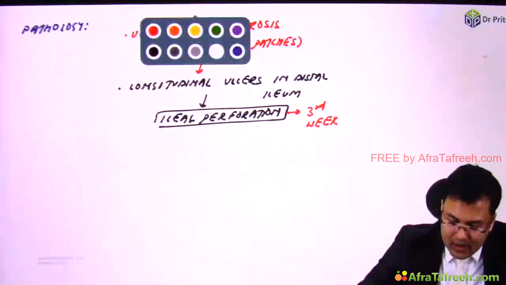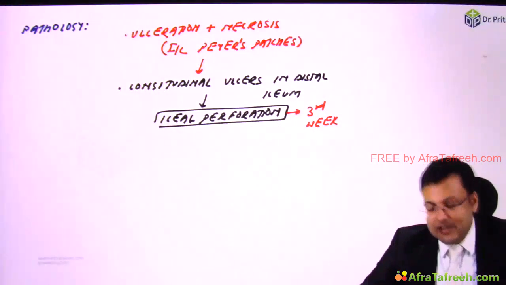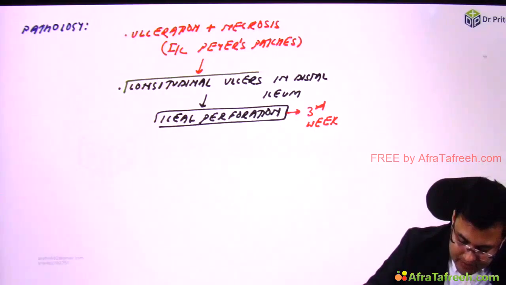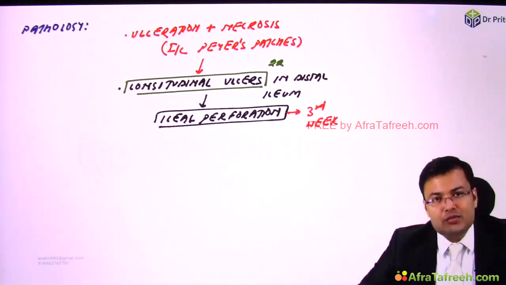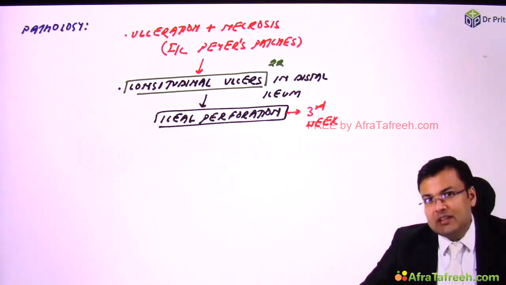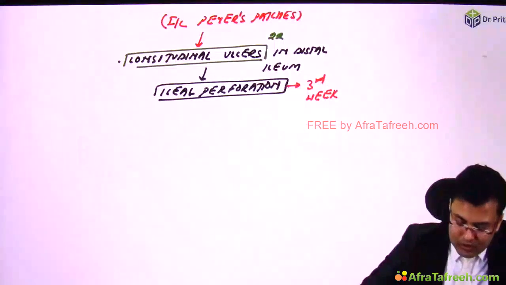What is the second question? What kind of ulcers are seen in typhoid? It is the longitudinal ulcers. In tuberculosis, there is transverse ulcer. Longitudinal means along the axis. Transverse means perpendicular to the axis.